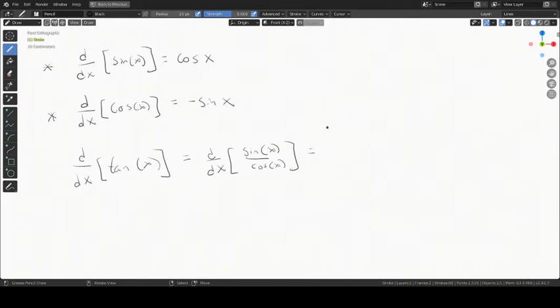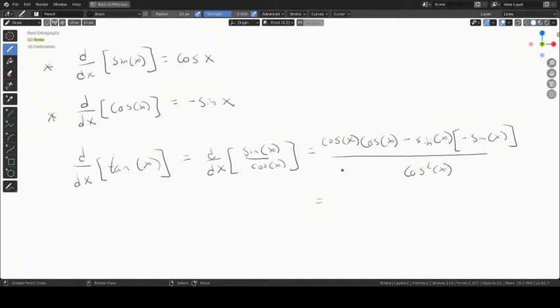Remembering quotient rule, we have the derivative of the first, sine of x, which is cosine of x, times the second, cosine of x, minus the first, sine of x, times the derivative of the second, which is negative sine of x. Then we divide that by the bottom squared, which is cosine squared.